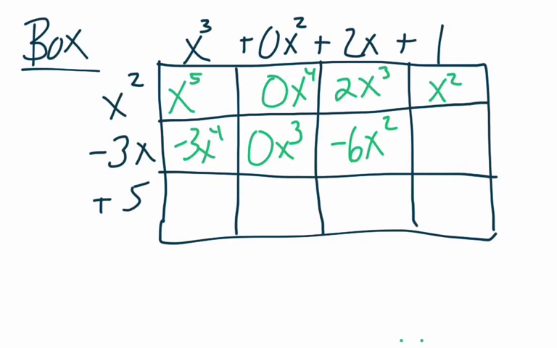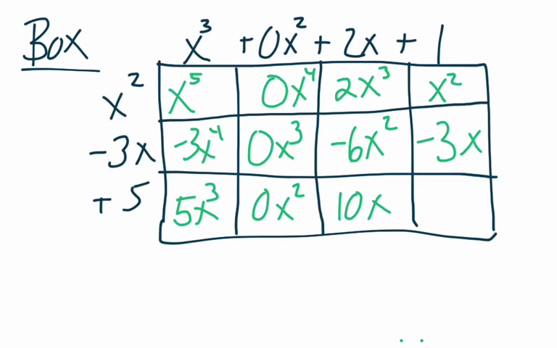And 1 times negative 3x is negative 3x. Last row: x to the third times 5 gives us 5x to the third. 0x squared times 5 is 0x squared. 2x times 5 is 10x. And 1 times 5 is 5.